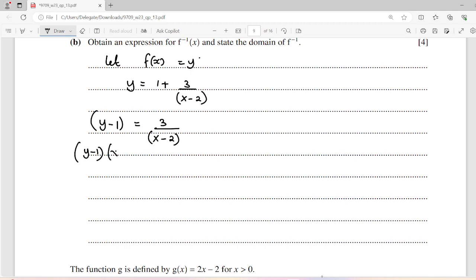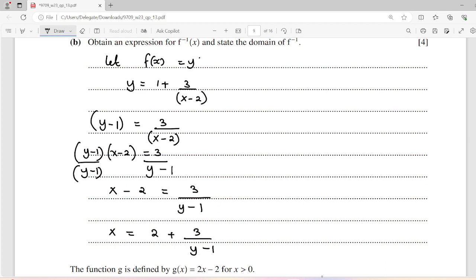I need to make x a subject. I could divide by y minus 1, and end up having x minus 2 equaling 3 over y minus 1. I take 2 to the right, and I end up having 2 plus 3 over y minus 1.